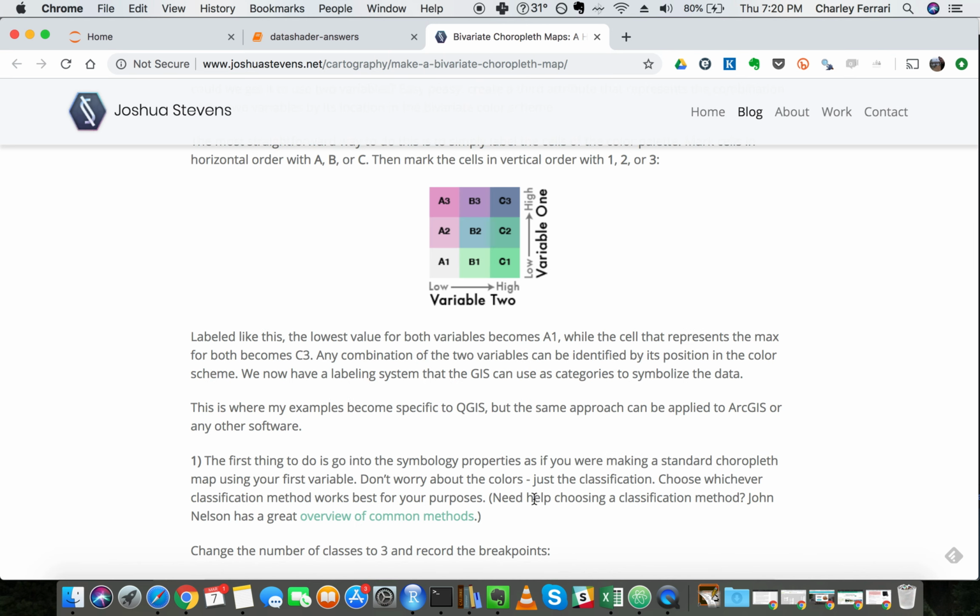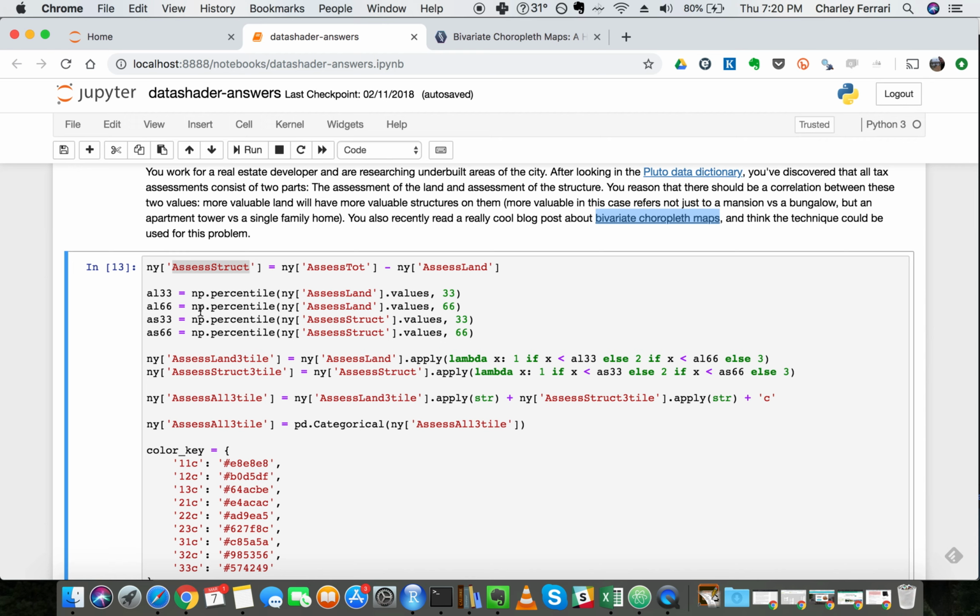So what I ended up doing is essentially dividing the data into thirds, and coding it based on what percentile it falls in.